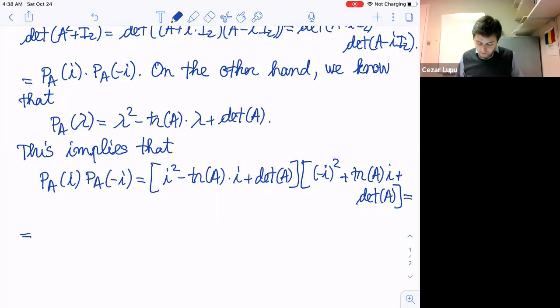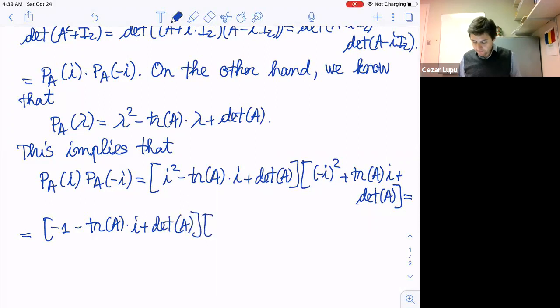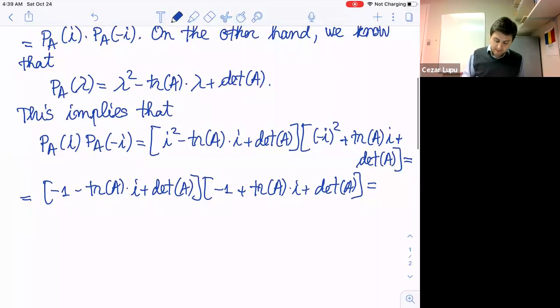So this is equal to -1 minus trace of A times I plus the determinant of A, times -1 plus trace of A times I plus the determinant of A. All right, and now let's do the computations here. Oh my, that's not my cup of tea. But anyway, let's do it.